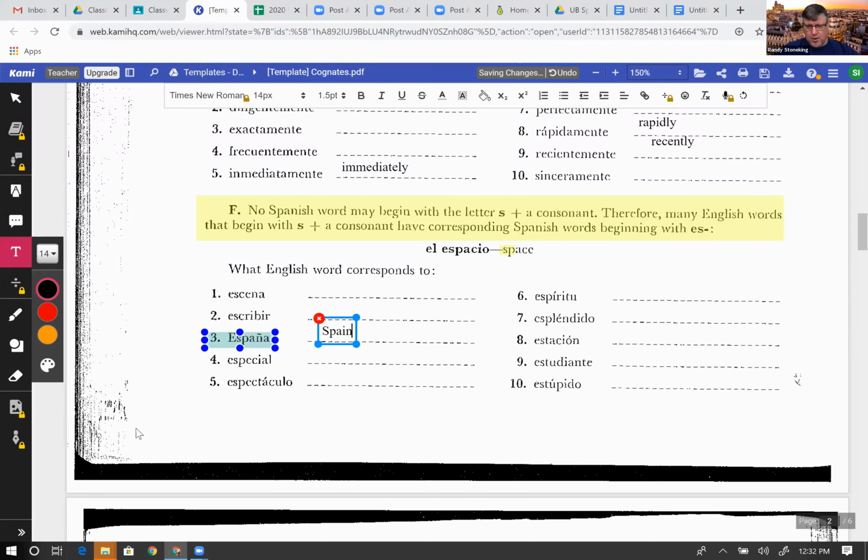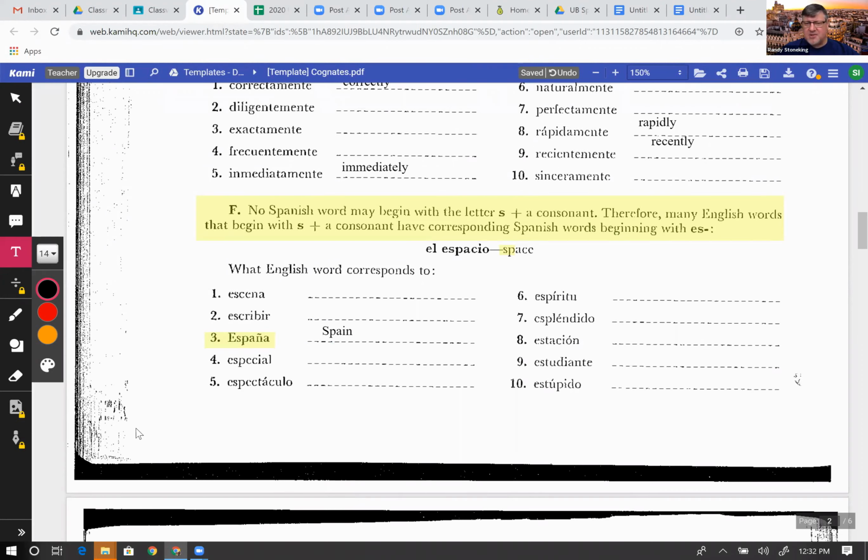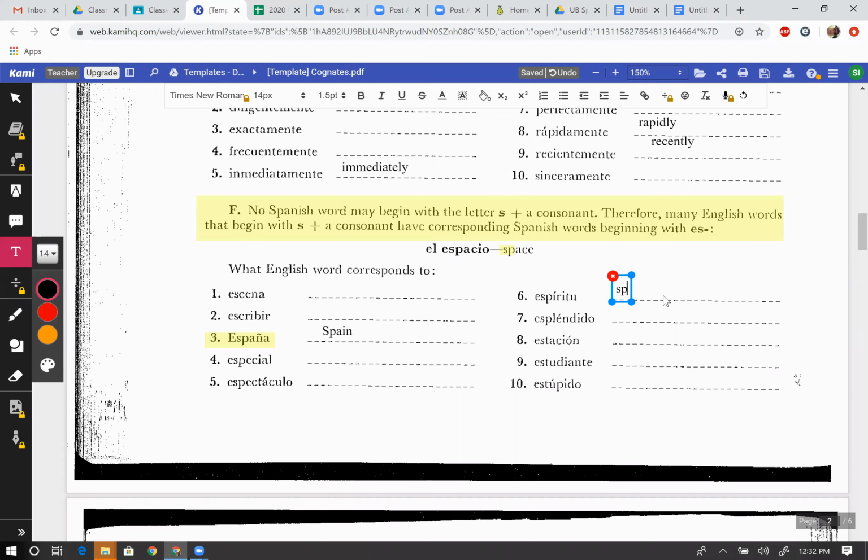How about number 6? What do you guys think number 6 would be? Espíritu. Spirit. There you go. So this time we're actually removing part of the word when we move to English. So instead of espíritu, it's just spirit.